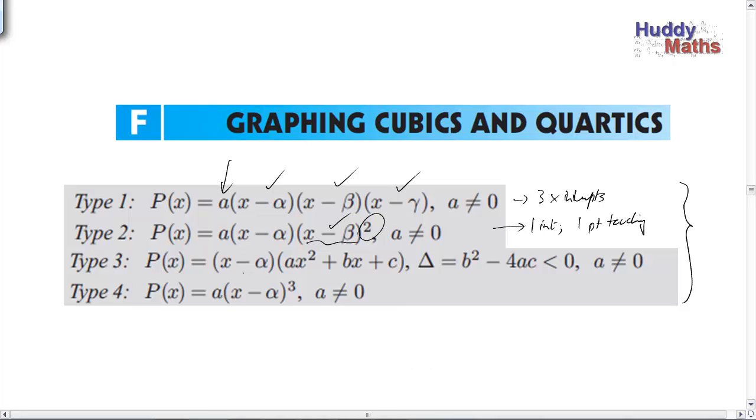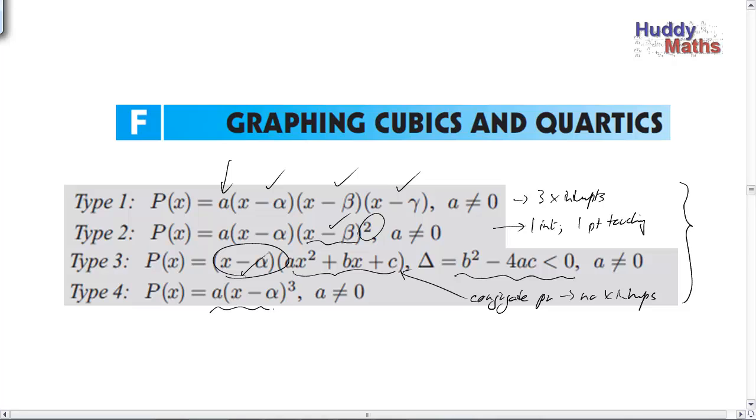And then one where you've only got 1 linear factor, the other's a quadratic, and this has a negative discriminant, so hiding in here is a conjugate pair. So that's going to have what? No x-intercepts coming from that part. So we'll just have the 1 x-intercept coming from that factor there, x is alpha.